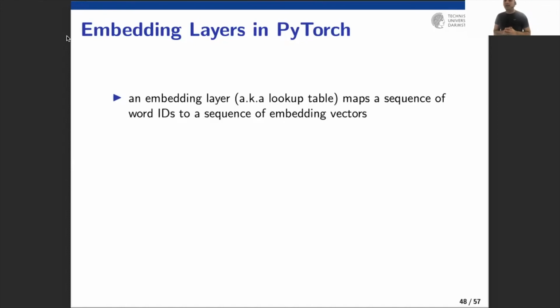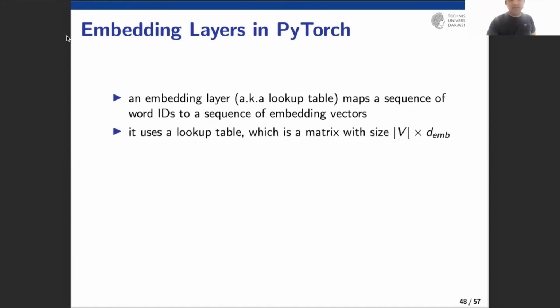Then we feed this sequence of word IDs to the embedding layer, and the embedding layer returns a sequence of vectors. So given a sequence of words or word IDs, an embedding layer returns a sequence of vectors.